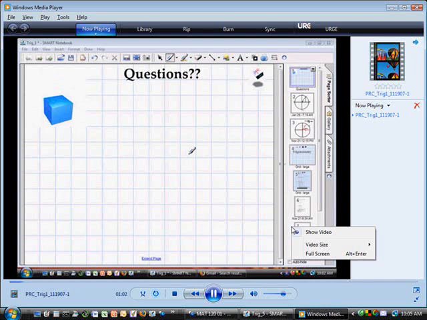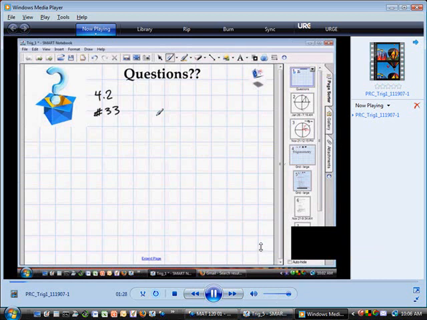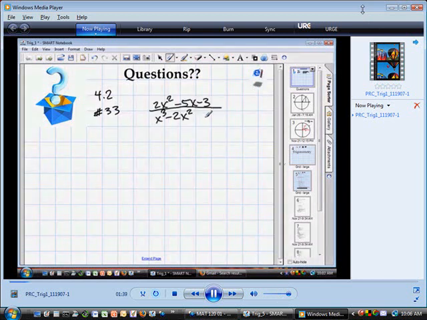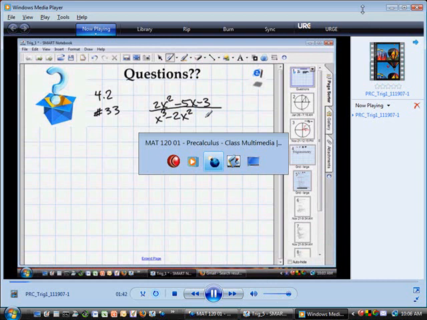Okay, basically it's a problem of, see if you can graph this thing: x squared minus 5x minus 3, all over x cubed minus 2x squared minus x plus 2.